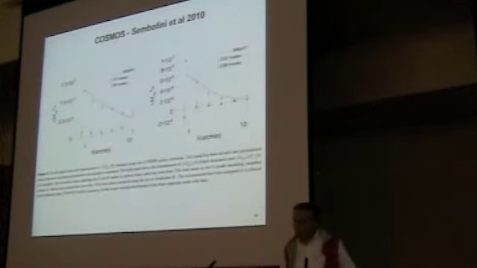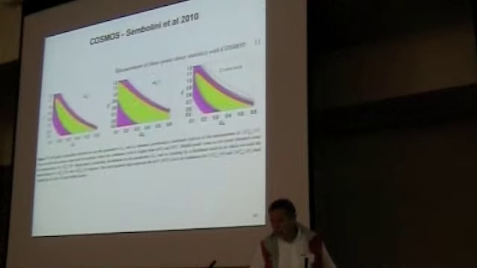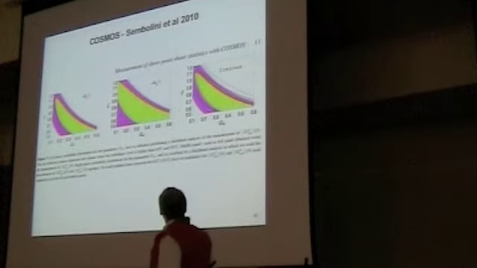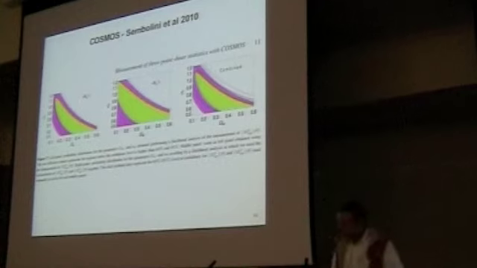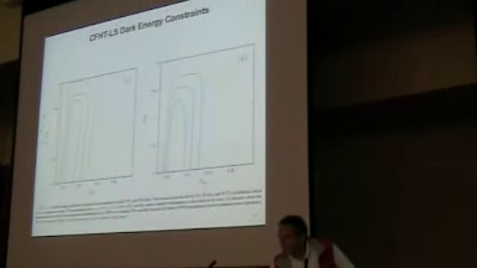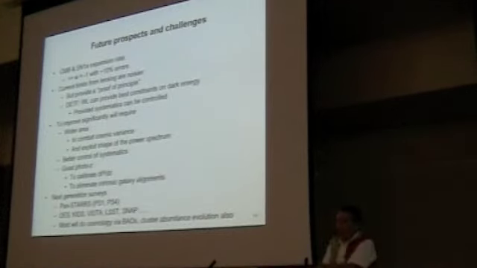In terms of the three-point function, again, the COSMOS analysis is very exciting, and we'll be hearing about this. But again, the bottom line is, how much did the degeneracy get broken? Well, you get a slightly different banana, but it's still a banana. And so these are the kind of constraints.